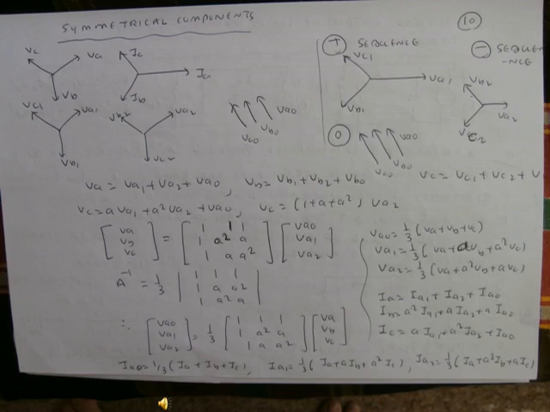So IA equal to IA1 plus IA2 plus IA0, IB equal to A square IA1 plus A IA2 plus IA0, IC equal to A IA1 plus A square IA2 plus IA0. Therefore IA0 equal to 1 third multiplied by IA plus IB plus IC, IA1 equal to 1 third multiplied by IA plus A IB plus A square IC, IA2 equal to 1 third multiplied by IA plus A square IB plus A IC.